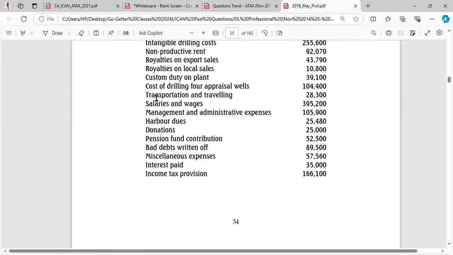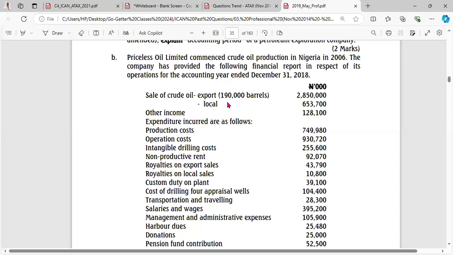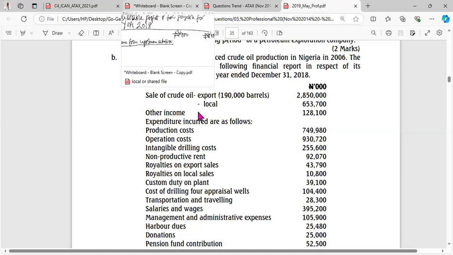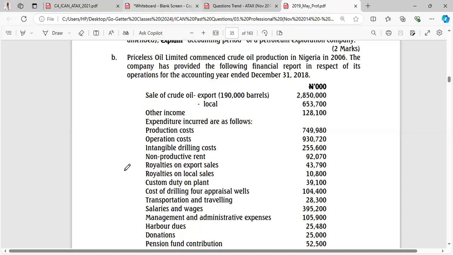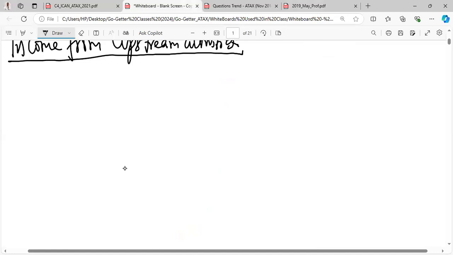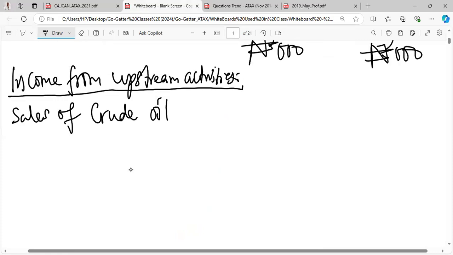We'll start with sale of crude oil, 190,000 barrels. So what will you do now? 190,000 barrels. So you say sale of crude oil.